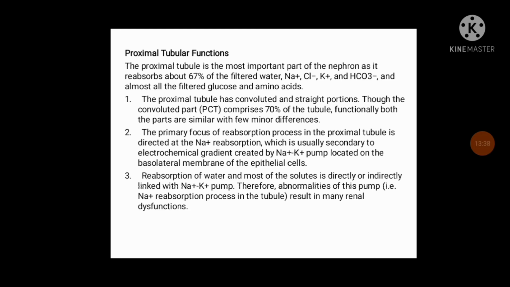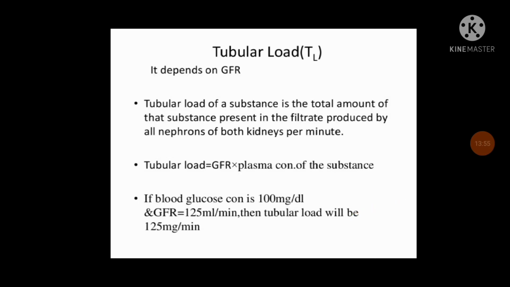The entire process depends on the sodium potassium pump for the reabsorption of different substances. Reabsorption of water and most solutes is directly or indirectly linked to the sodium potassium pump. Therefore, abnormalities of this pump may result in many renal dysfunctions.